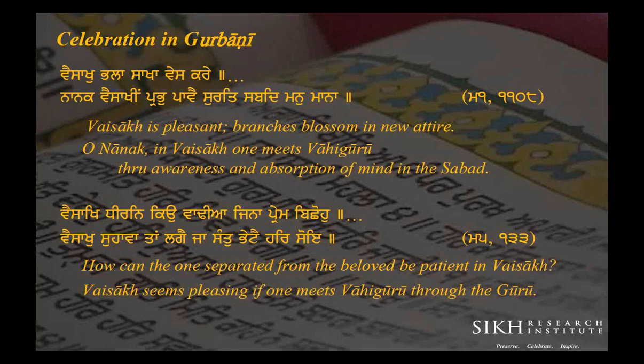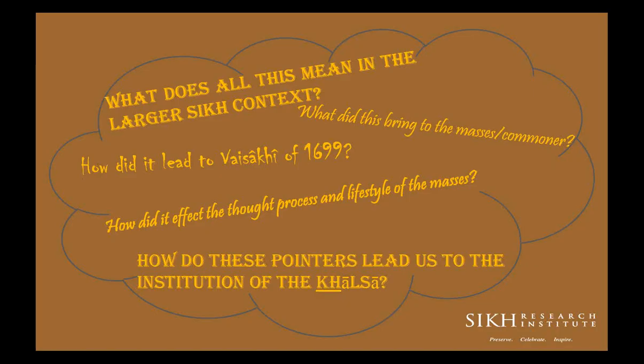So this is from the Gurbani perspective. And as I had mentioned, the Guru did something in 1699. So what was it? We're at this area of question now. What was it that happened in 1699 that it was the continuation of this idea of connecting with the divine?